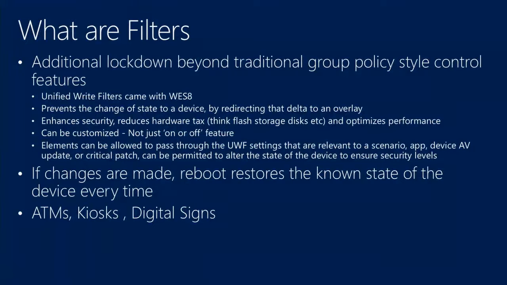There are various kinds of write filters, and the new type of write filter called Unified Write Filter, or UWF, has come with Windows Embedded Standard 8. Before that, you used to have many others, but the primary 2 filters used to be Enhanced Write Filter and File-Based Write Filter. And you used to have registry filters, gesture filters, keyboard filters. They all still exist, but with WES 8, we introduced something new called Unified Write Filter.